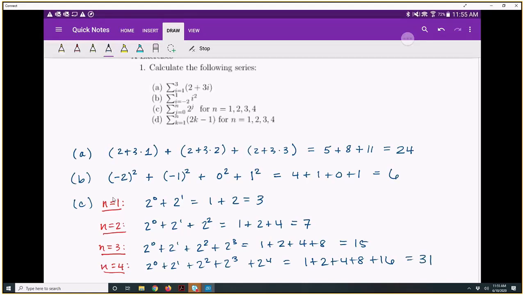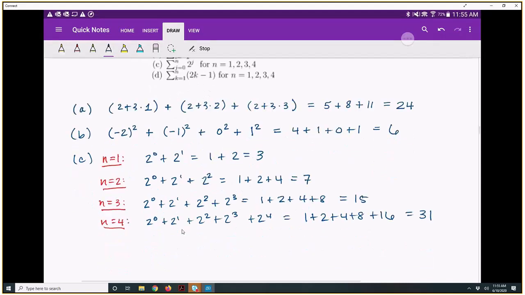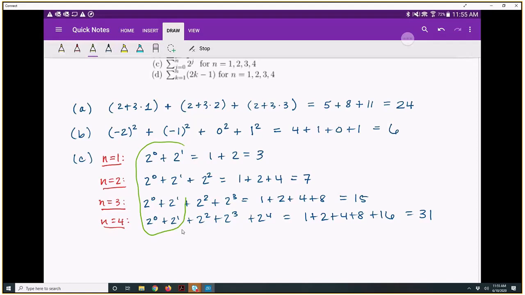So you can see as my terminal index is increasing, I'm really just adding more terms. All of these have the same first two terms. Then I added one more term and one more term. So there's a nice pattern here.